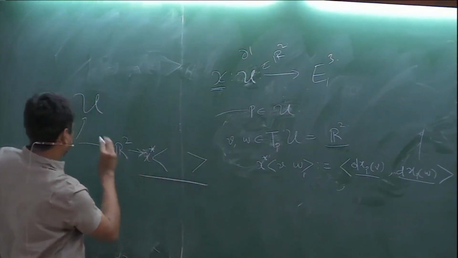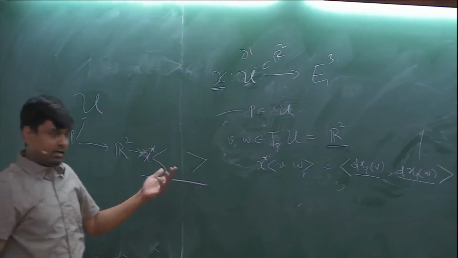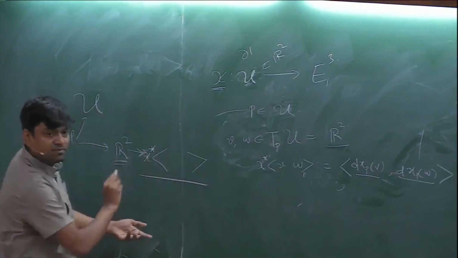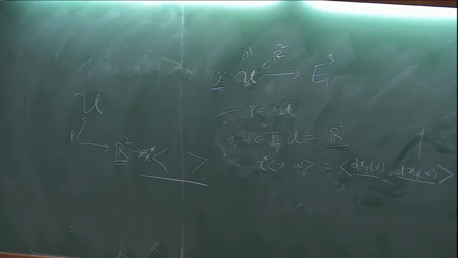And if with this metric this space becomes space-like, then it is a space-like immersion, or time-like immersion. If all the tangent spaces are space-like, it is well-defined because X is an immersion.